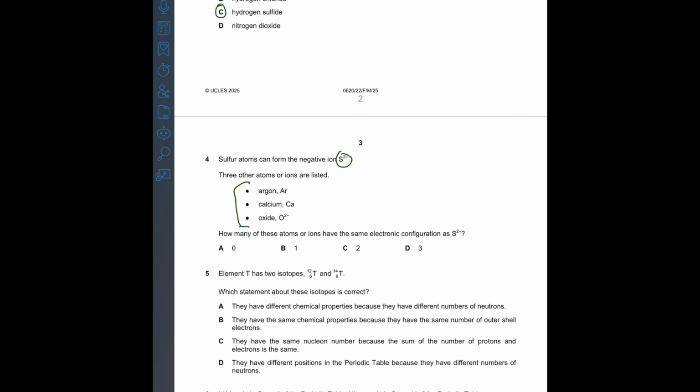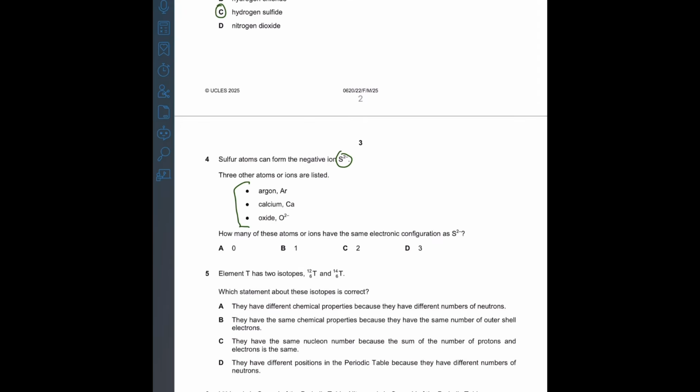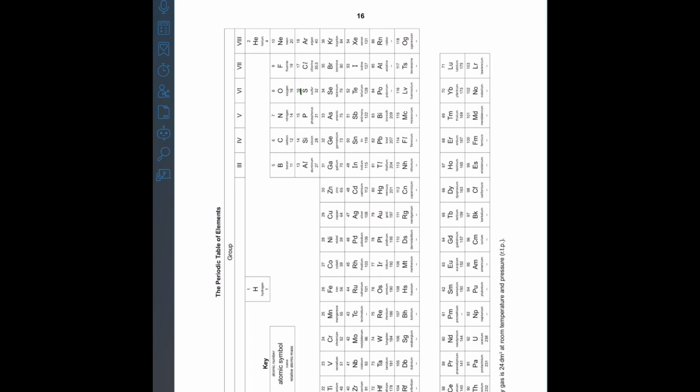Now if we look at the periodic table, we can see that sulfur has 16 electrons, and if it gains 2 more, it will have 18 electrons. That way it will have the same number of electrons as argon.